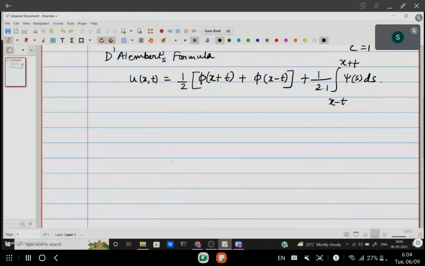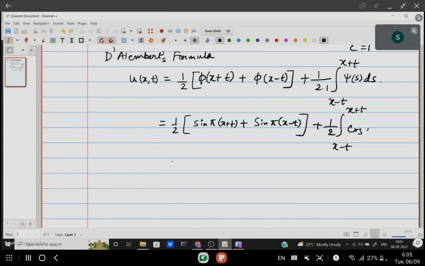So half of sin(pi (x plus t)) plus sin(pi (x minus t)), plus 1 by 2 times the integral from x minus t to x plus t of cos(pi s) ds.